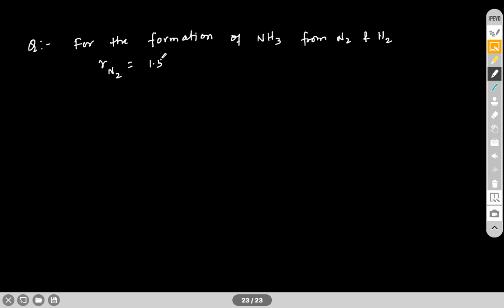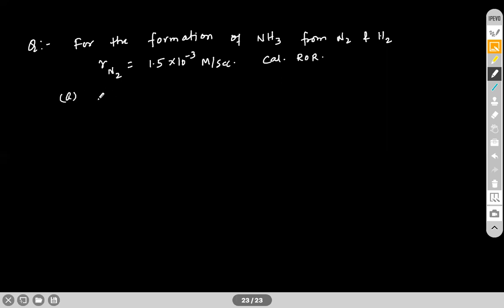It is 1.5 into 10 to the power minus 3 molar per second. You need to find out the rate of reaction, ROR.